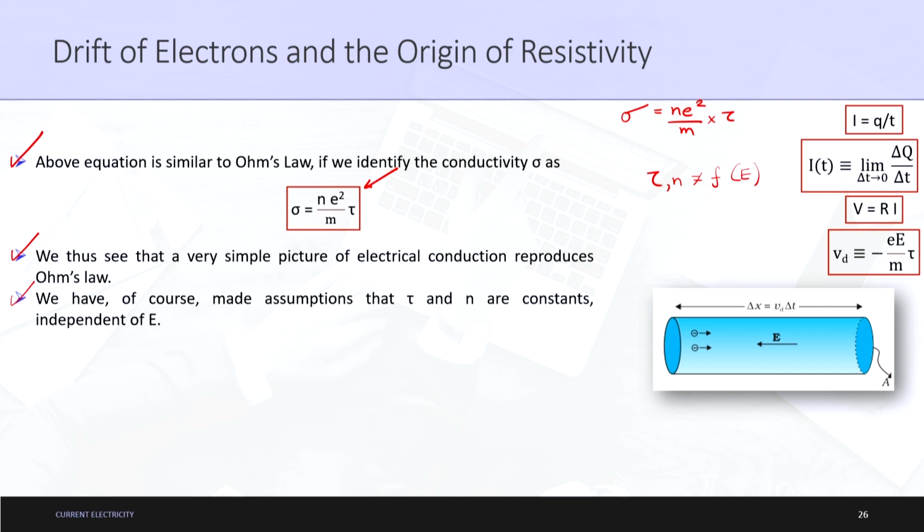So, finally, the conclusion of the drift of electrons and origin of resistivity is that the drift of electrons occurs due to the average of the velocities at some time t. Using that concept and Ohm's law, we concluded that resistivity is 1 by σ, where σ is n e² τ / m.